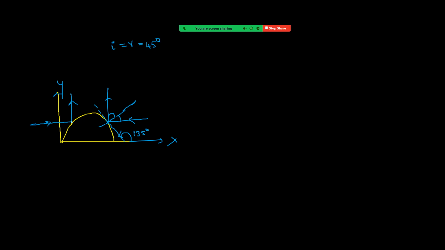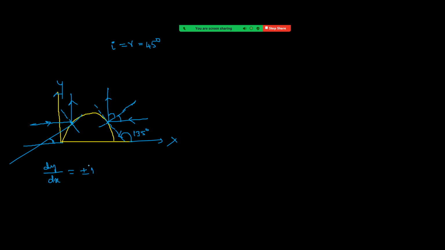If you draw the normal at the point of incidence and see the tangent here, the tangent makes an angle 45 with the positive x-axis, right? That means at this point slope equal to +1. That means dy by dx is equal to ±1, right? So here slope is -1 and here slope is +1.